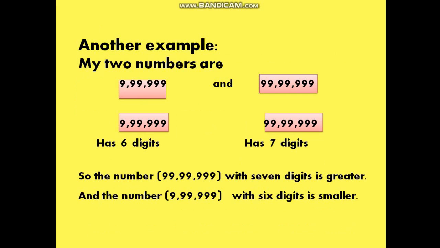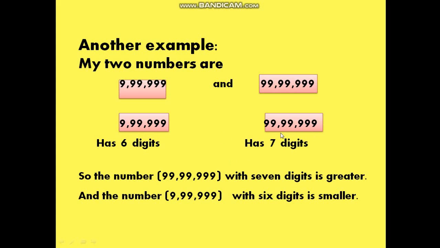Here I have taken another example. Now what did you observe? The number of digits in both the numbers is not the same. So what do we see? How many digit number is this? When I calculated and saw that it is a 6-digit number, the number is 9,99,999.